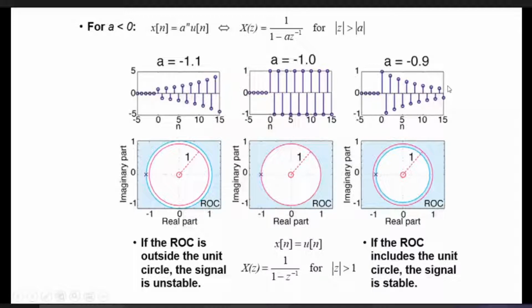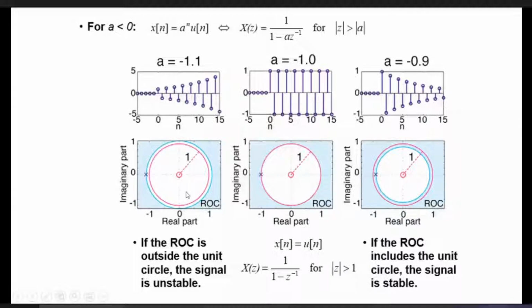So in all these cases, the first one represents an unstable system because the ROC is... Here the pole exists at minus 1.1, and the ROC exists in the region greater than minus 1.1. So it does not include the ROC. Okay, anyhow, you just go through it.